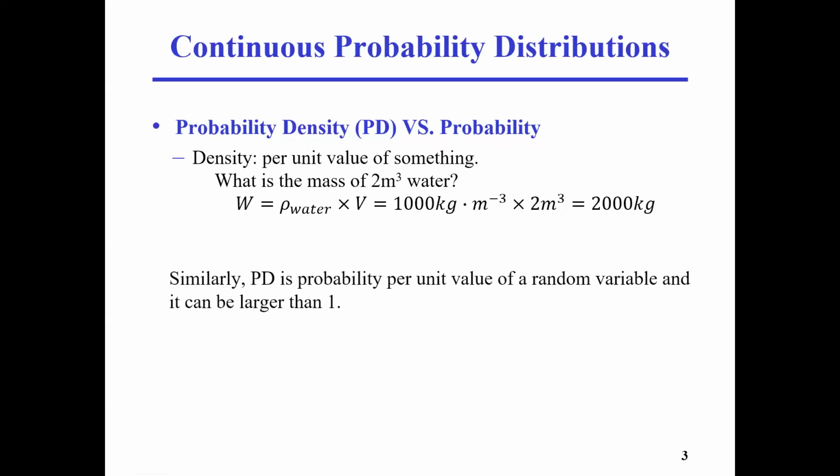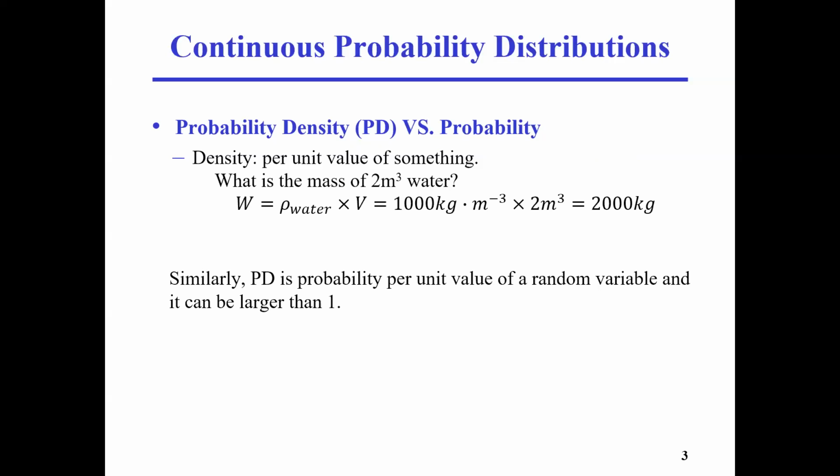It's similar for probability density. Probability density is probability per unit value of a random variable, and it can be greater than 1. Probability itself cannot be larger than 1, but probability density can be larger than 1.